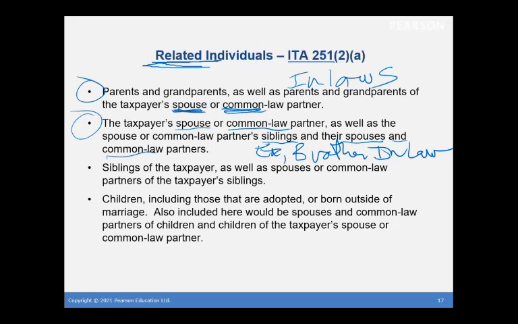So again, what we're doing here is just defining who's related to each other. And the reason is in tax, we have to look at the intent of transactions and the reason behind transactions.